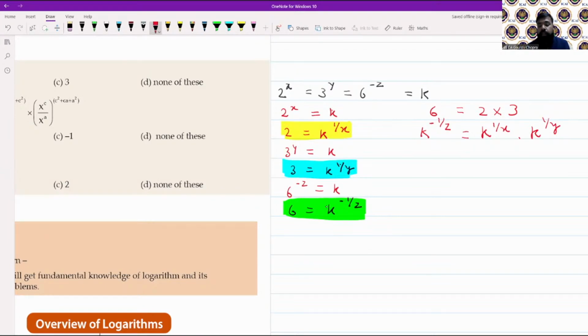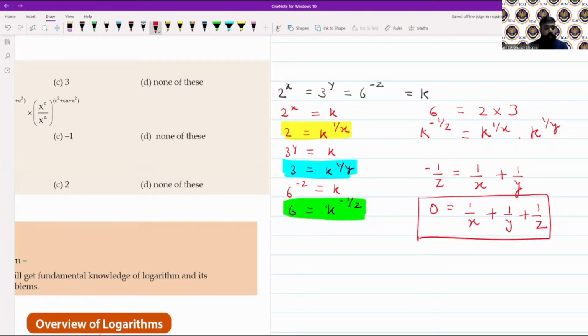Now since the base is the same, we can compare the powers. So minus 1 by z is equal to 1 by x plus 1 by y. We can bring 1 by z on the other side. So 0 is equal to 1 by x plus 1 by y plus 1 by z. So this becomes the final answer.